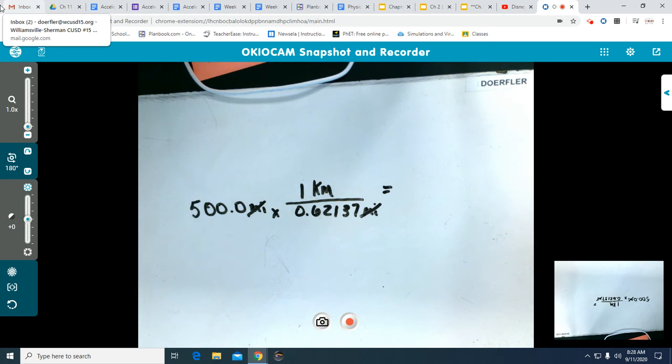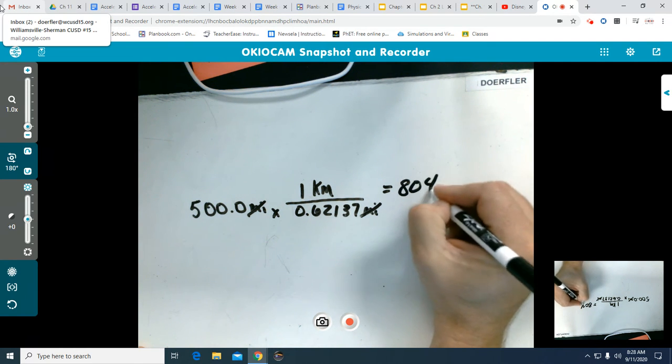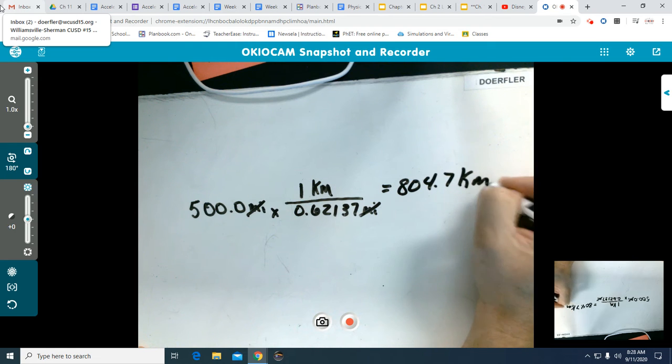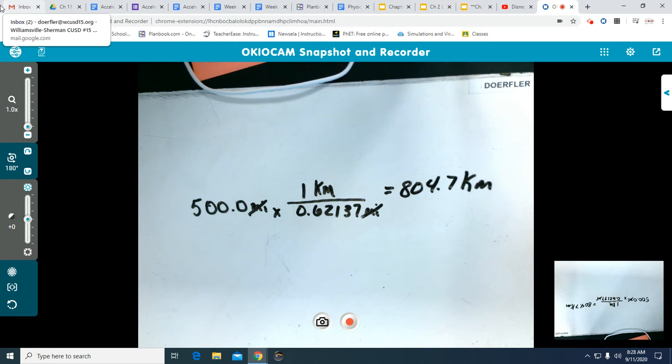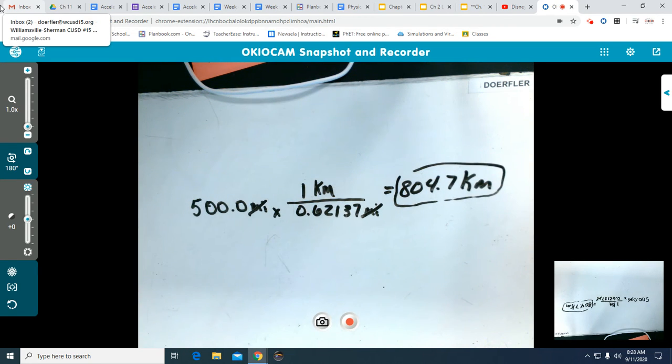And remember to put your answer in the same number of sig figs as you're given. Yes? 804.7 kilometers. Very good. Yay, the label comes out. Because we don't know if we have 804.7 kilometers or 804.7 bananas. Very good. Anybody not get that?